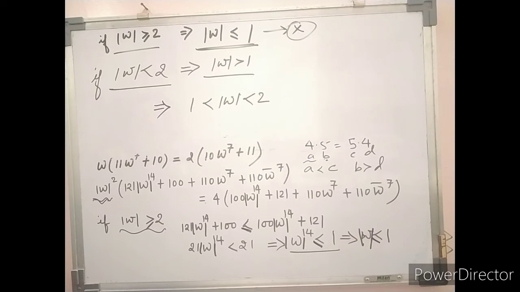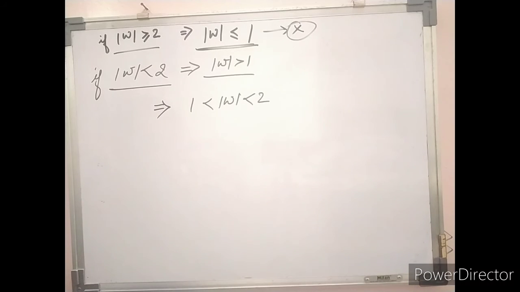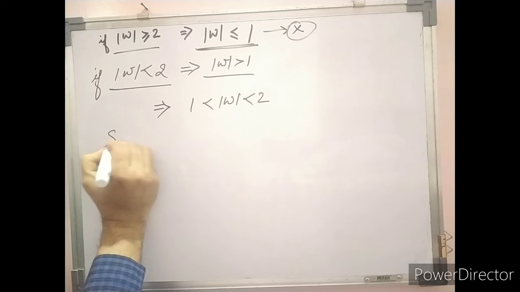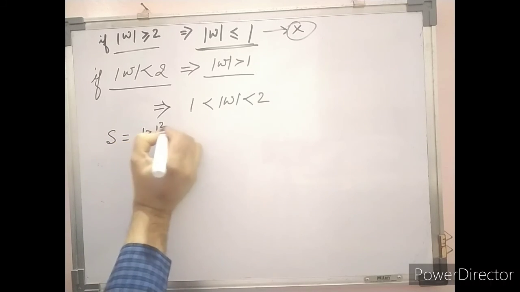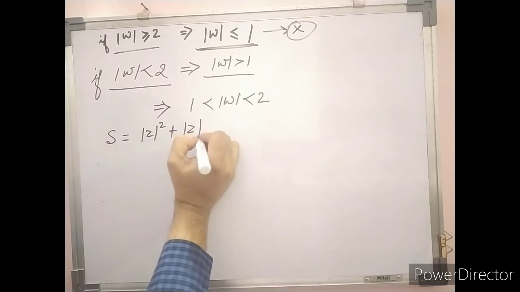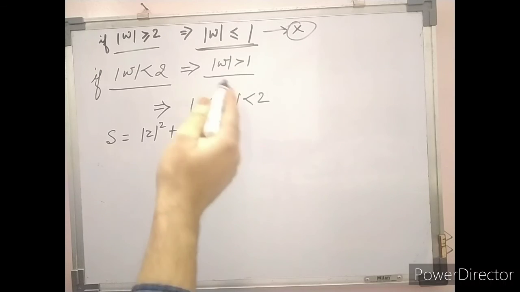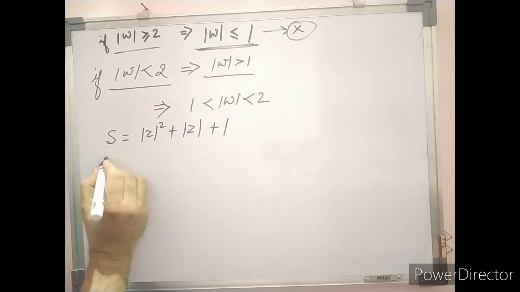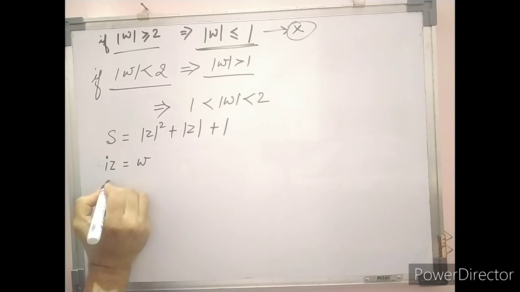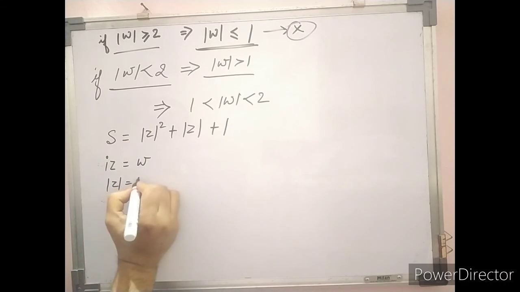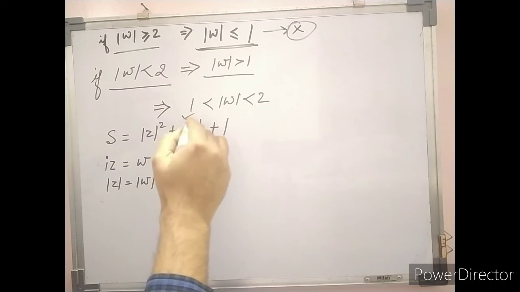Now what we were intended to find out actually in the question. The question had asked to find the value of s, and it was mod of z square plus mod of z plus 1. And earlier what we had supposed, instead of w, we had actually supposed iz equal to w, and also we had concluded that mod of z is equal to mod of w. Therefore, in place of mod z, we can put a value of 1 to get the lower bound.